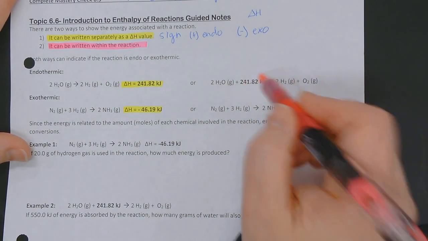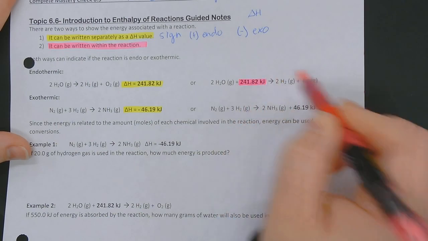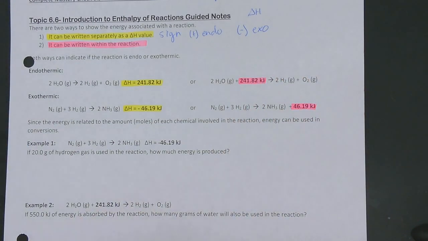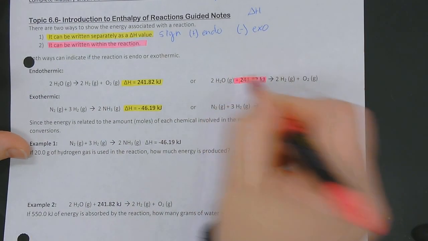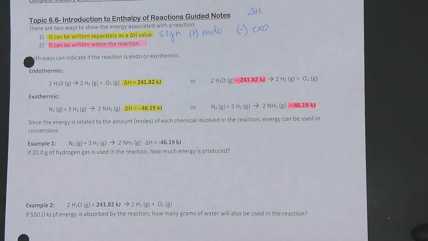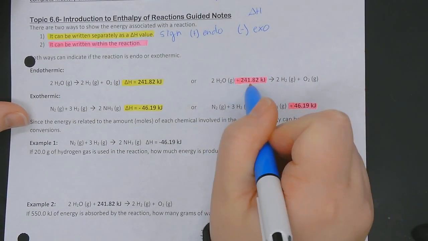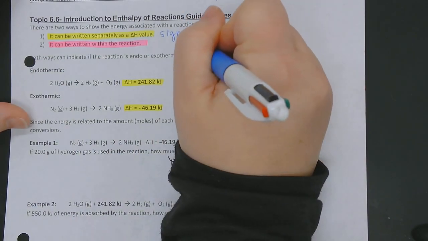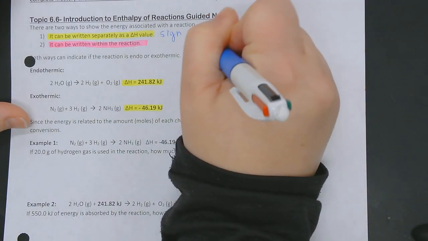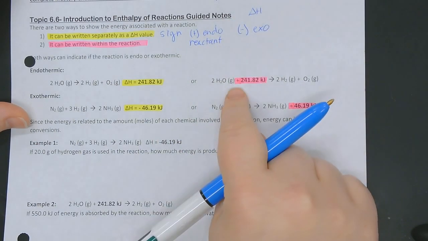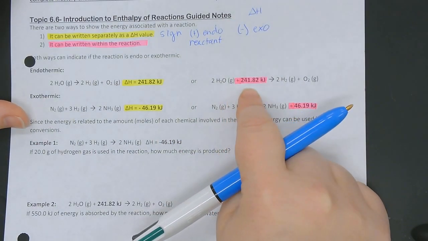Here we can see that the energy is written right there or right there. Notice that both sides are pluses. We never subtract in a chemical reaction. We only add. So the way we show if it's endothermic, it's going to be a reactant. In this case, endo is reactant. We're adding it to the system to make the reaction work.